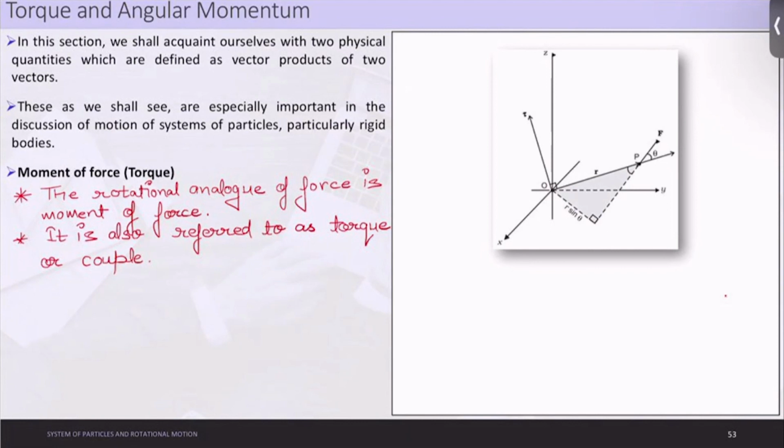torque, which is denoted by tau. Let me write it down. We are first understanding this for a single particle, and then we will extend it.